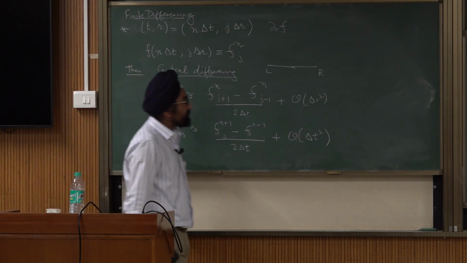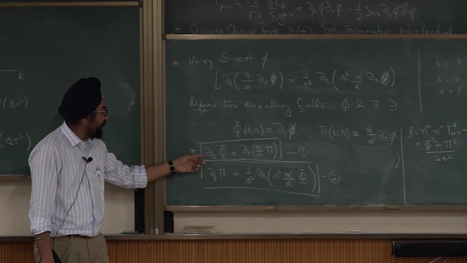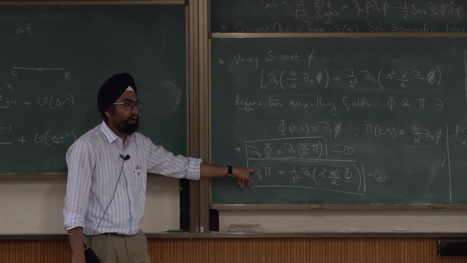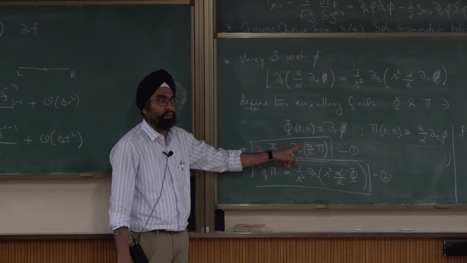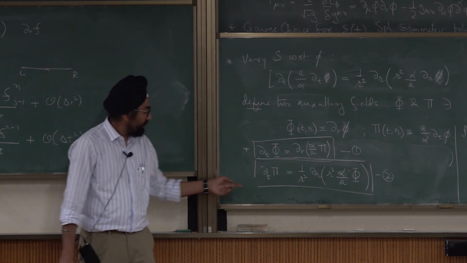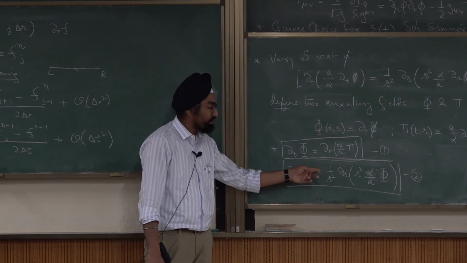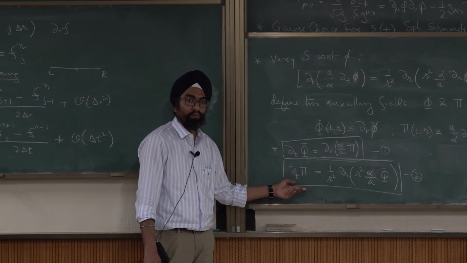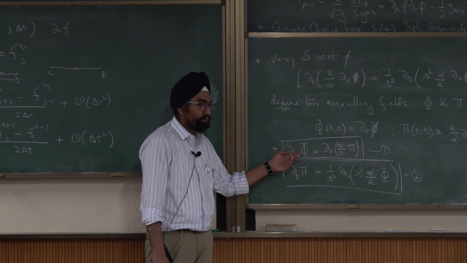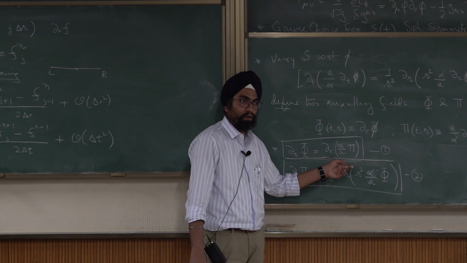So everywhere you see a delta of something, for example del t of phi, this would be phi n plus 1 j minus phi n minus 1 j divided by 2 delta t, and similarly for pi. You have n plus 1 and n, and both are given to you. Same thing would be done here.